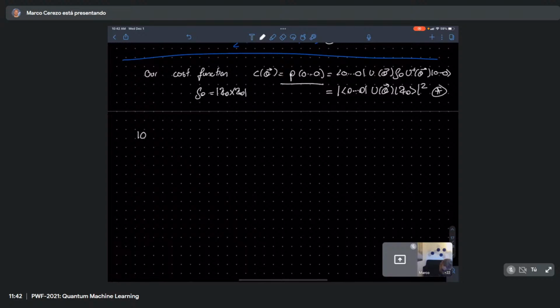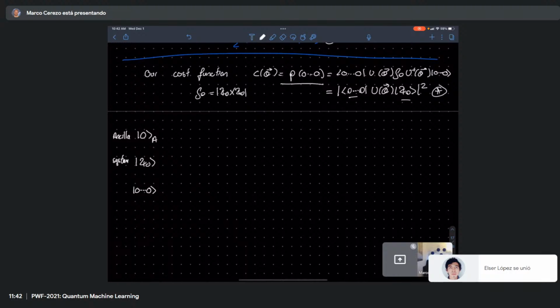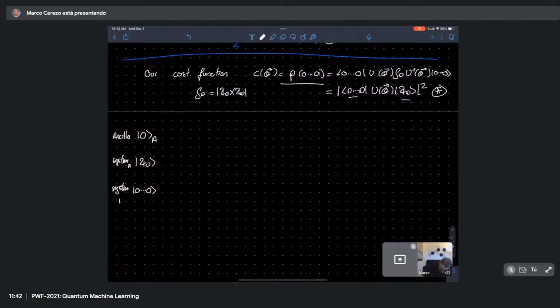So now we said we take an ancilla, like we've been doing. We take our state psi naught, right? Then we take the all zero state, because that's the one that we're going to use here. And this is, again, system A, system B, and we do our Hadamard test. But of course, here we also said that we want to send this through our parametrized quantum circuit, U of theta, right?